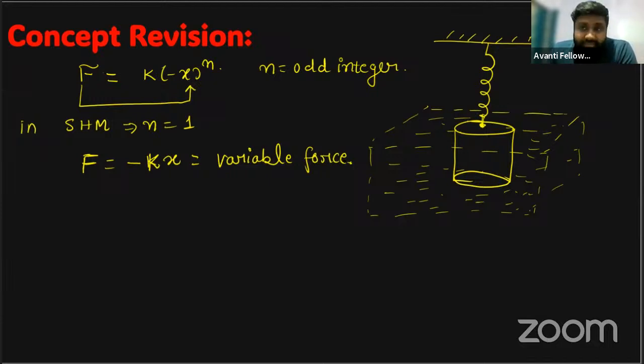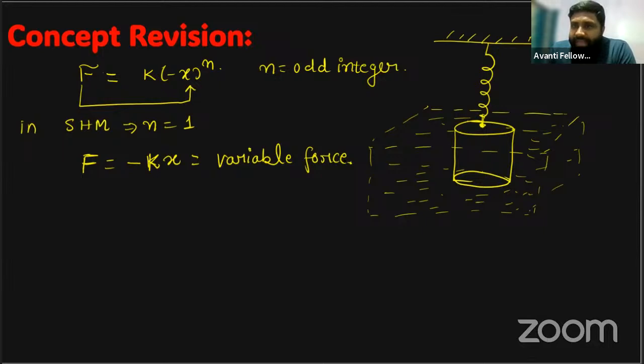All the cases that we have discussed so far, we have discussed the spring block system. In spring block system, when we place it vertically, then we consider mg there, mass of the block. But mg is a constant force, and that is why it is getting cancelled in the expression, and you have seen nowhere the mg force.